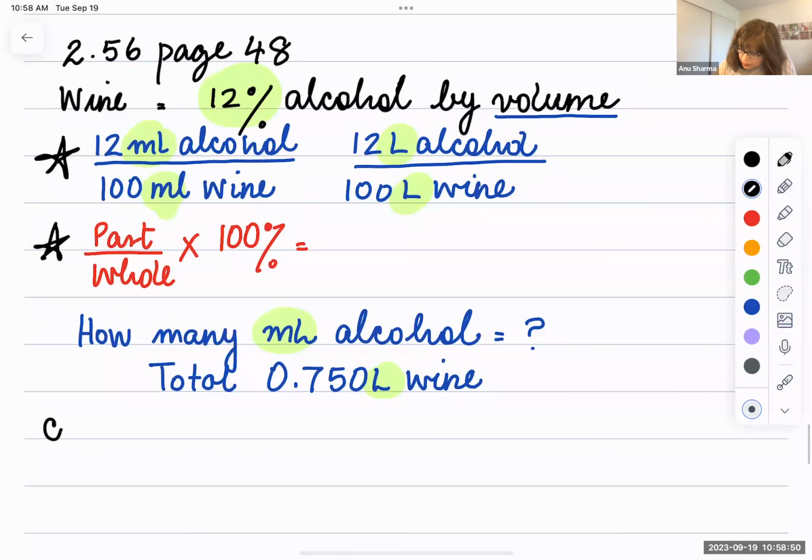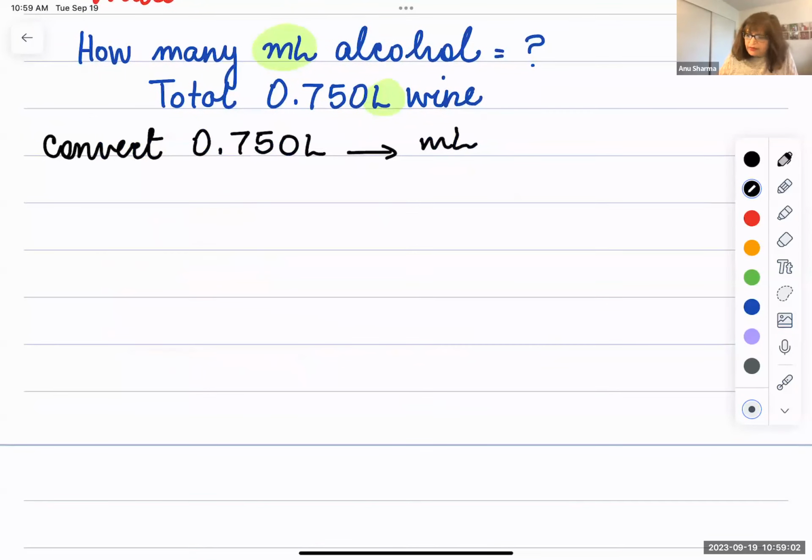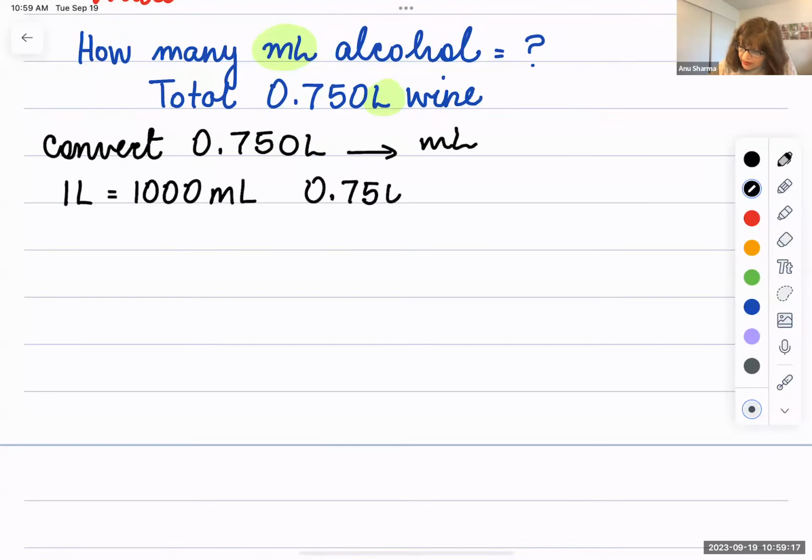So first thing is convert 0.750 liters to milliliters. And you can do otherwise also. Something that you can find from the table, or you should know, is that 1 liter is equal to 1,000 milliliters. So this means 0.750 liters multiplied by 1,000 milliliters over 1 liter.